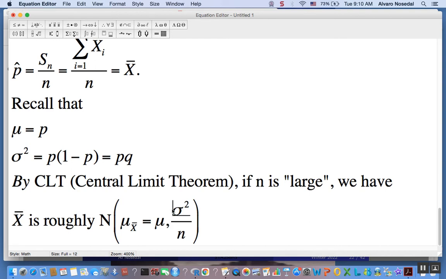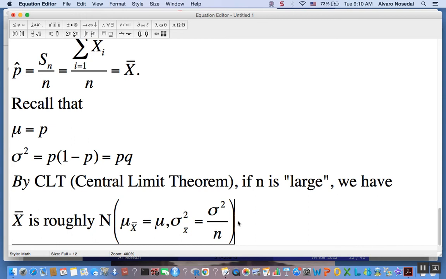And that the variance of x bar is also related to sigma squared, but it's going to be affected by the sample size, right?